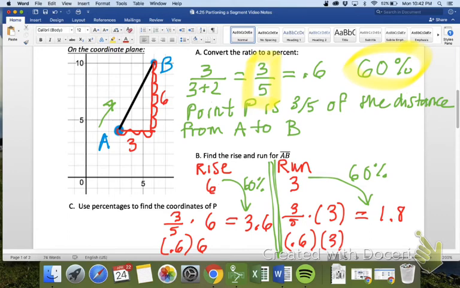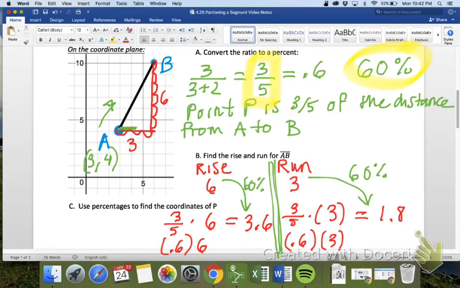Now, those are your new rises and runs, but those aren't your new coordinates, right? Because you're not starting from 0, 0, right? You're starting from point A. So if you remember, point A was the point 3, 4, right? So starting from 3, 4, I need to go over the 1.8.